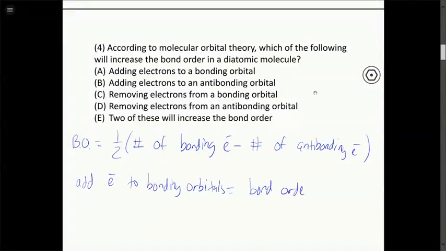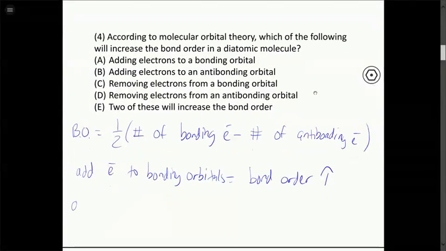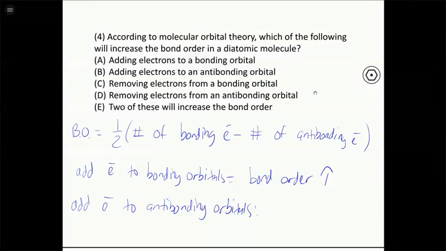So the more electrons we have in bonding orbitals, the higher the bond order. So adding electrons to the bonding orbitals will increase the bond order. If we add electrons to anti-bonding orbitals, which is the other type of orbital that we can have, in that case we would increase this term in the equation. And so anytime we add electrons to anti-bonding orbitals, we're weakening the bond, making the bond order smaller.